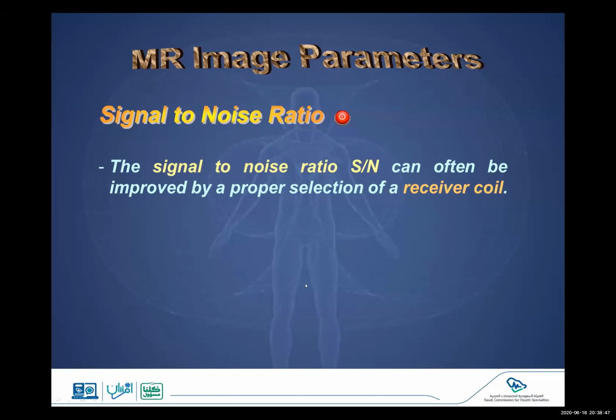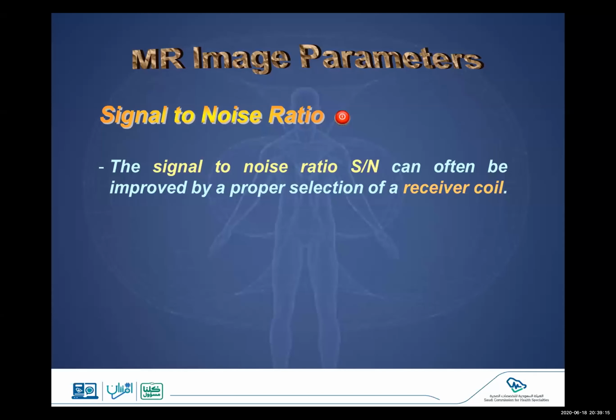The first step toward the signal to noise ratio, before even the receiver coil, is the magnetic field strength. This is one of the basics of the theory of NMR. Field strength means the magnet strength. 3 Tesla, for example, produces net magnetization 4 times the signal strength produced by 1.5.